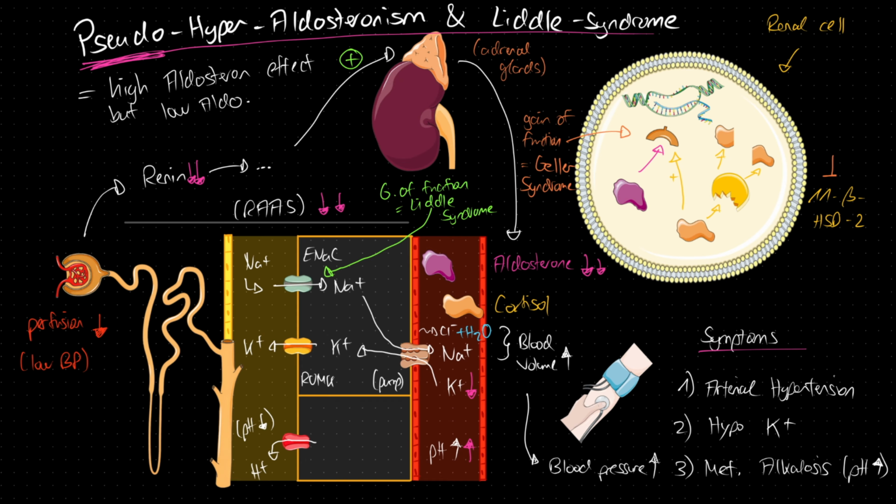So this time the enzyme can have a genetic loss of function mutation, and this is called apparent mineralocorticoid excess, or AME for short. But furthermore, it can be acquired through consumption of licorice or licorice products such as in certain tea varieties. A thorough history can always be helpful in hypertension to detect this mechanism.